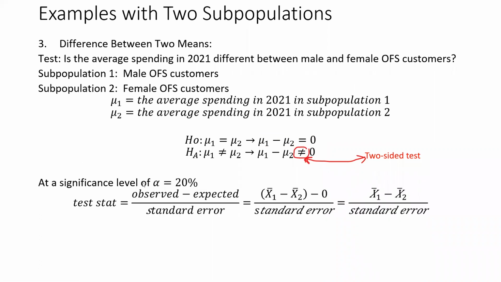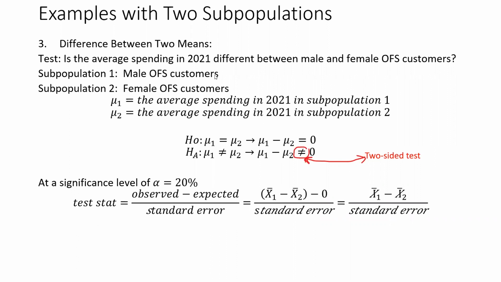And so now when we get the test statistic, it's going to be exactly the same as it was before. It's the observed minus the expected over the standard error. Now the observed, this notation we haven't discussed yet, but it's the sample mean from the first sample, where we divide our sample into these two subpopulation definitions.